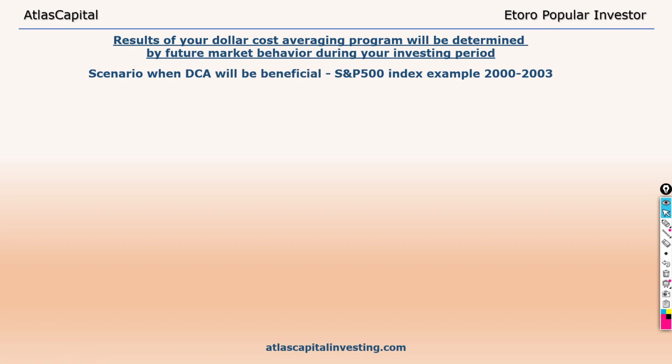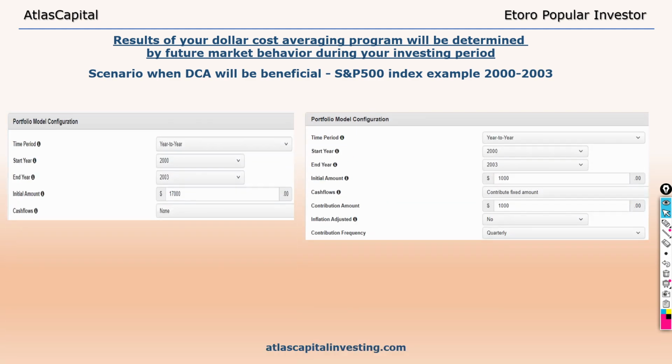So the first scenario we will look into is when DCA will be beneficial, and we will build a hypothetical portfolio with the S&P 500 as an investment. In the first case, we are going to invest 17,000 from the beginning without any subsequent contributions.